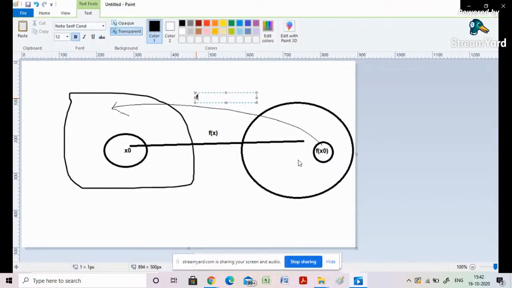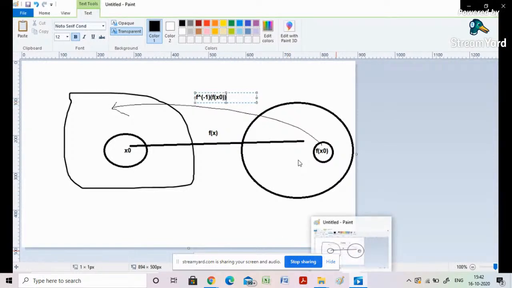This is nothing but f inverse, evaluated at f of x naught. So this is the inverse function.